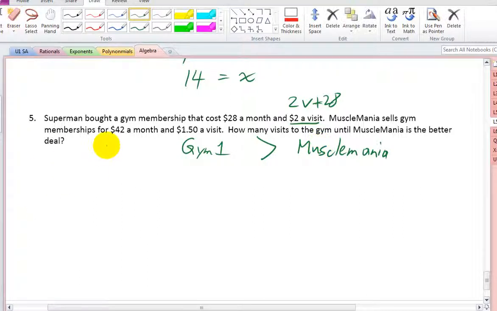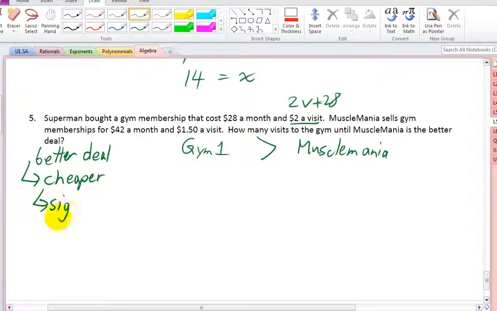Okay, so your thought process is you're thinking better deal means that it's cheaper, and you have to keep in mind that the sign eats the larger item. It's hungry. Okay, always eats the larger item. So now we can make our equations.